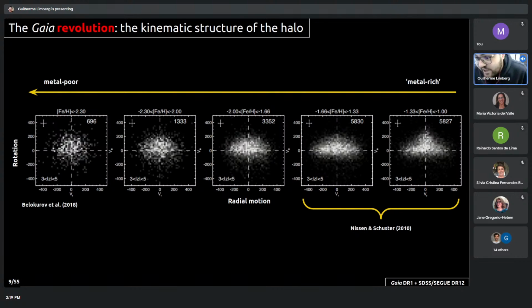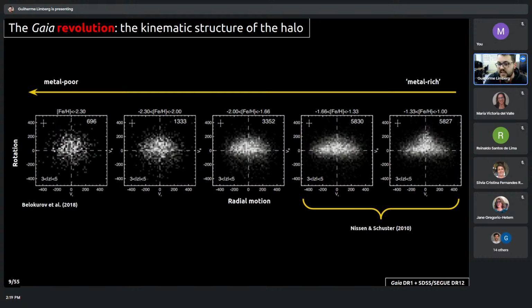And this is exactly what is shown in this figure. From right to left, we have decreasing metallicities. We have a bunch of panels of velocity distributions of stars, most of them within 3 to 5 kiloparsec from the galactic plane.